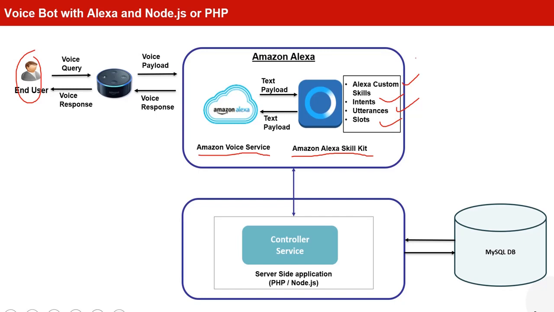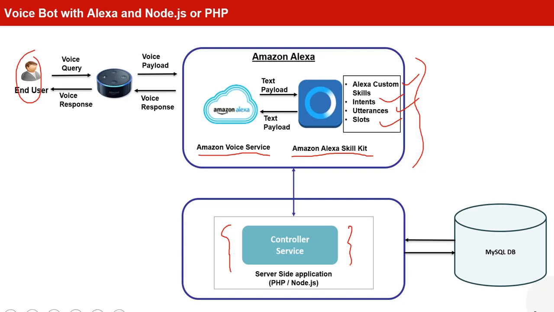Then it will interact with the controller service over here. The controller service can be created in many programming languages. You can use PHP, you can use Node.js, or you can use the Amazon AWS Lambda function for Node.js. But here, we will not go through the Amazon AWS route. Here we'll be hosting the application on our own server. In this tutorial, there is then an interaction with a MySQL DB.